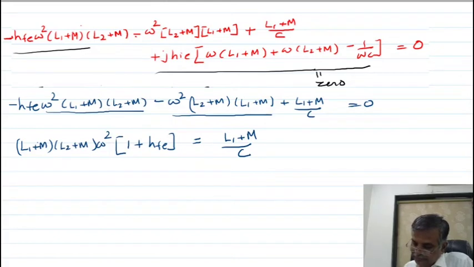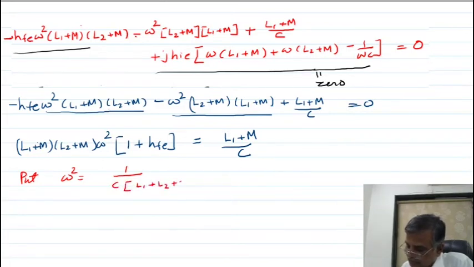Now see here, put omega square is equal to 1 upon C into (L1 plus L2 plus 2M) in this equation. See, this is cancelled here.